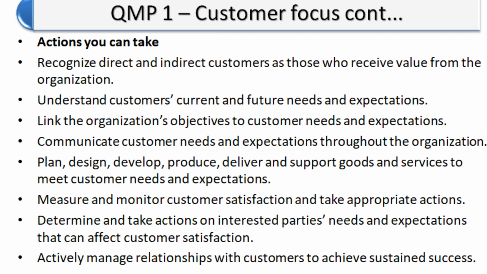This is a very important thing. Third, you have to link the organization's objectives to the customer's needs and expectations. Then it is possible that your objectives will match the requirements, needs and expectations. Fourth, you can communicate the customer needs and expectations throughout the organization, by focusing on the customer.